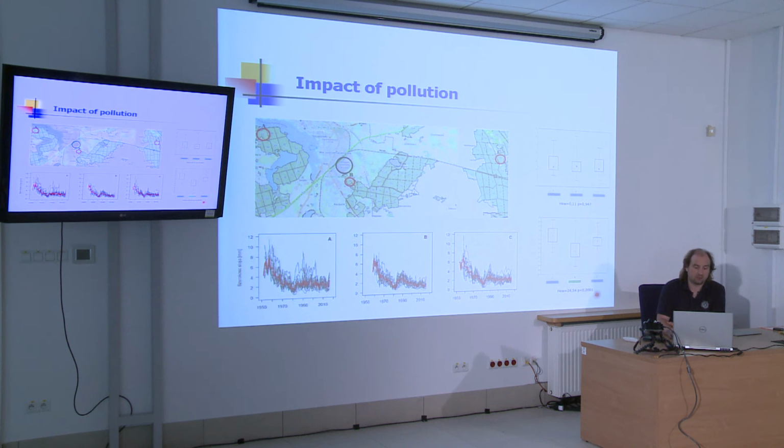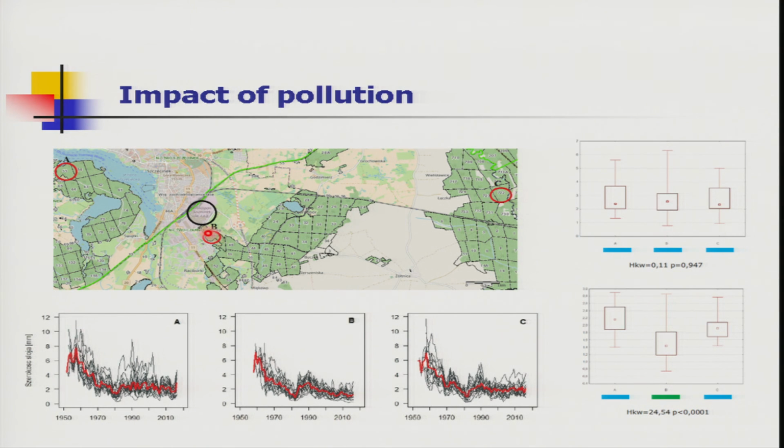And in the period of the influence of the plant, this site B here, close to the plant, has the lowest values of mean tree-ring width, and we assume that it's the indication of the impact. So the growth was reduced by the dust and other pollution coming from the plant.